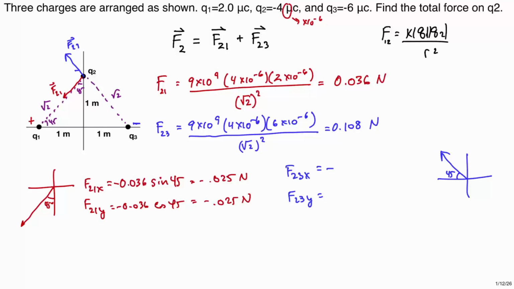Y component? Excellent. So then we use the magnitude, 0.108. And x component, technically sine or cosine? Is the angle touching the x component? Yes. Yep, so cosine. And then 0.108 sine 45. I got 0.076. Okay.